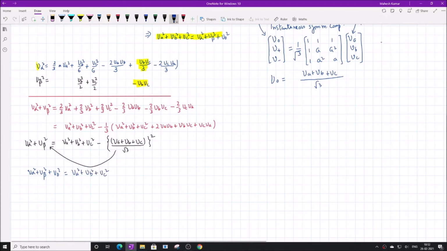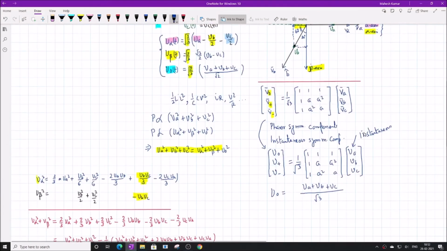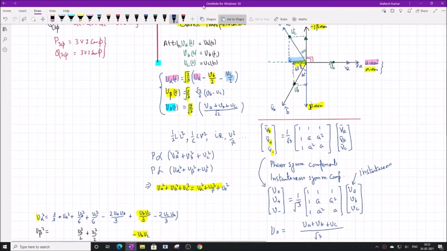So you see the energy remains constant. Okay, the energy remains constant in both the reference frames, whether it is abc or it is alpha beta 0. We proved, but this happens only for the constant of 2 by 3 that we have taken here.